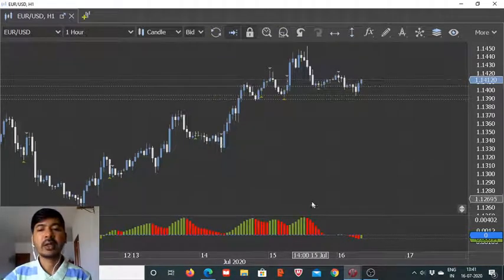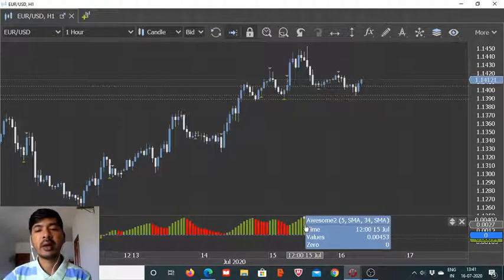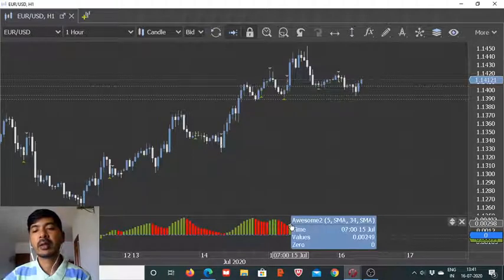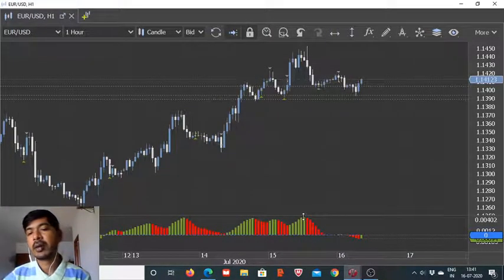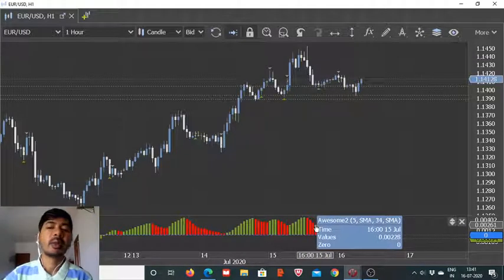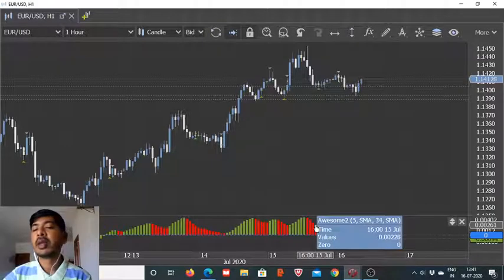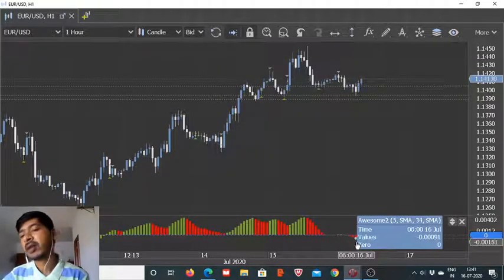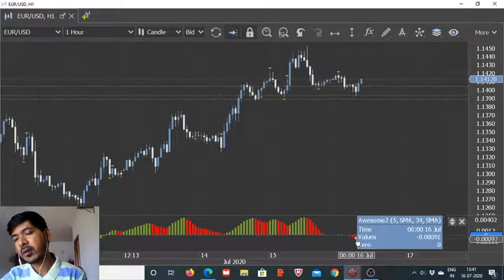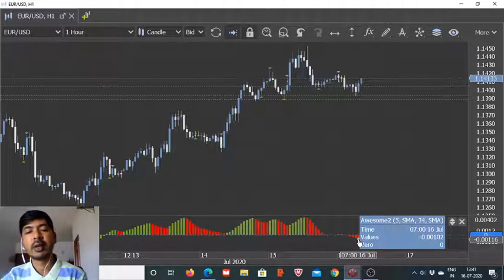Now, as you can see, there are red bars and green bars. Whenever these positive values are rising, we have these bars denoted in green. Whenever the positive values are falling, the bars are denoted in red. And whenever the negative values are falling, again we have these bars denoted in red.